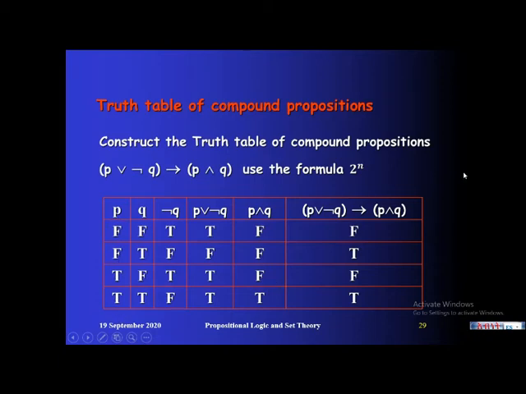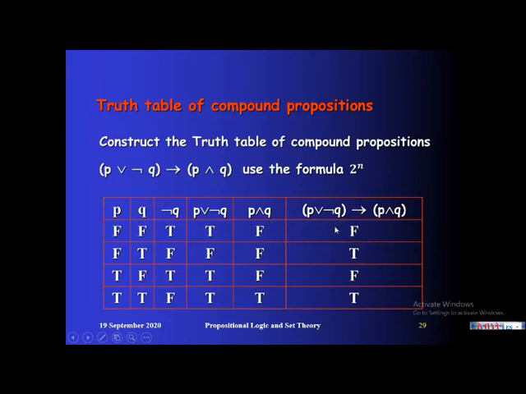Next, 2 over 2 gives 1. That means 1 false, 1 true: false, true, false, true. These are the initial ones. So you don't bother about the negation of Q, because if you know Q, using the previous logical operator you can find the last truth value of a compound statement.